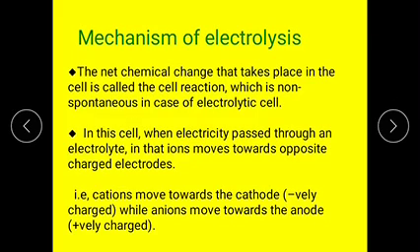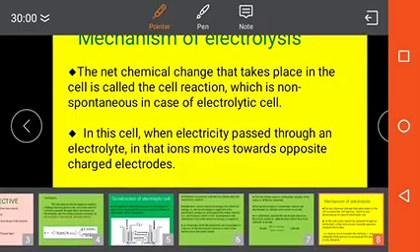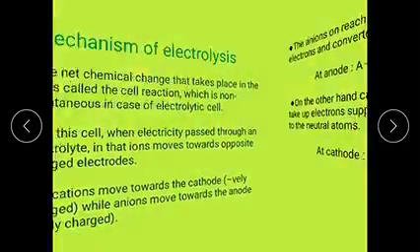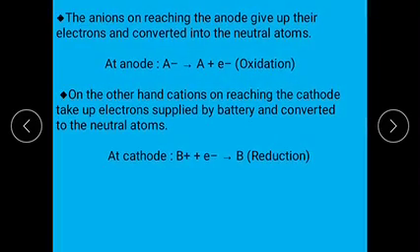When electricity is passed through the electrolyte, the ions move towards oppositely charged electrodes: cations move towards the cathode and anions move towards the anode. Oxidation takes place at the anode, and reduction takes place at the cathode.